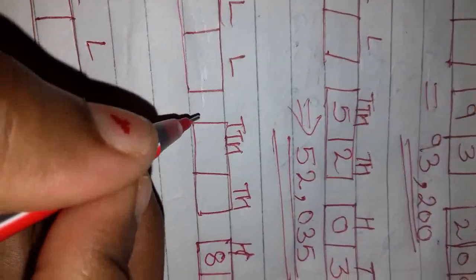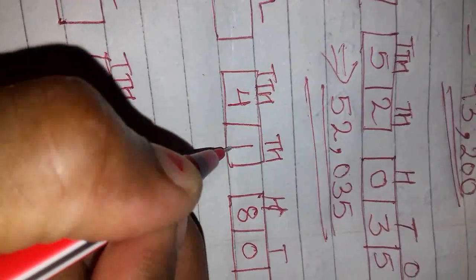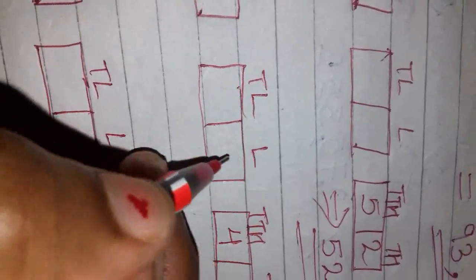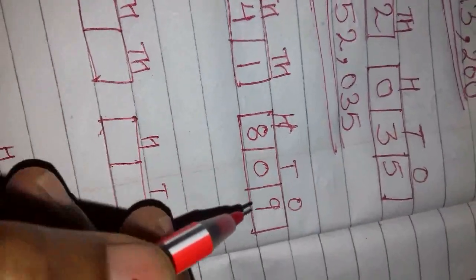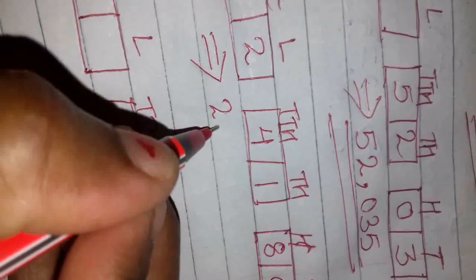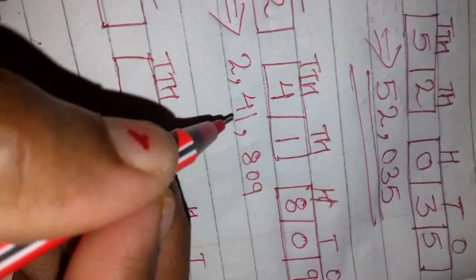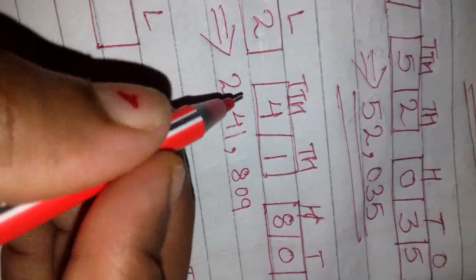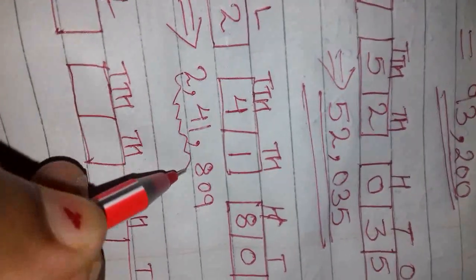In 1000 period we have 41,000. It means 4 at 10,000 and 1 at 1,000. And in lakh period we have only lakh place, that is 2. So 2,41,809. How will we write this in figure? 2, 41, 809. Ones period, 1000 period 41,000, lakh period 2. Like this way we will write in figures.